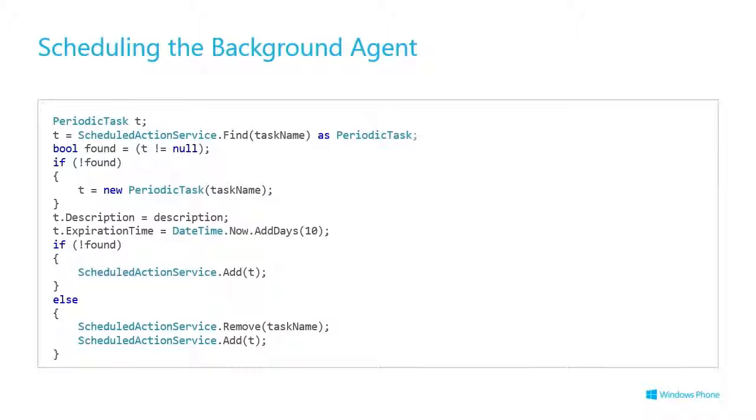You've got to set an expiration time on a periodic task or a resource-intensive task, and the maximum time you can put on it is 20 days. The deal here is that you've got to put this expiration time on it, so this code will renew the schedule.